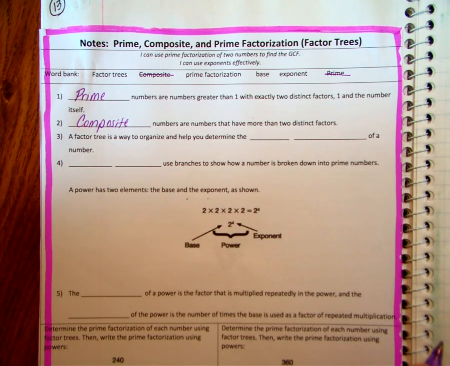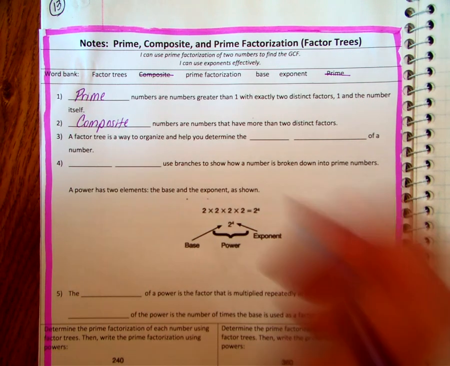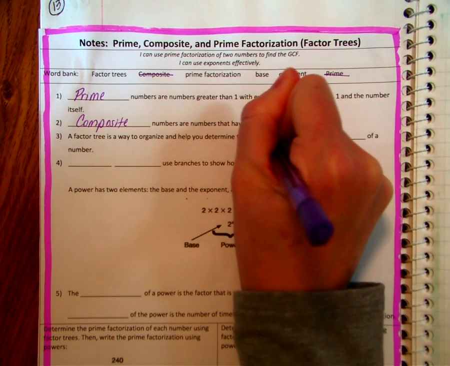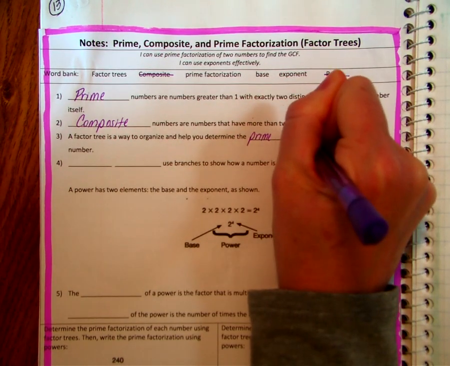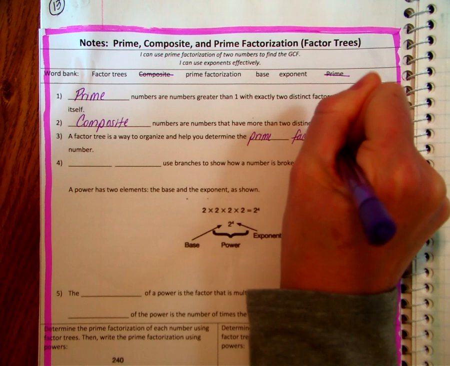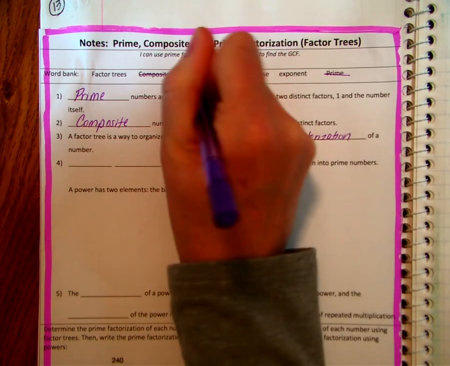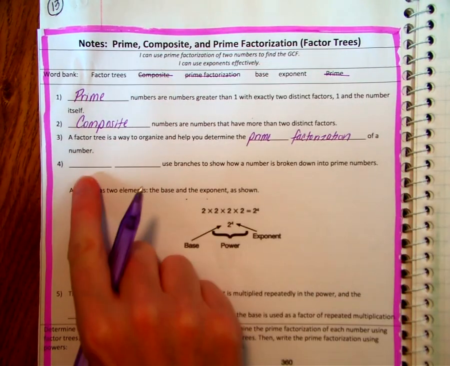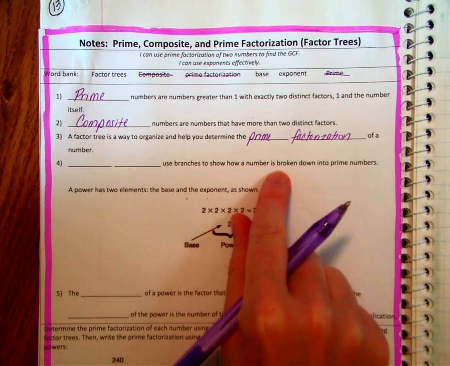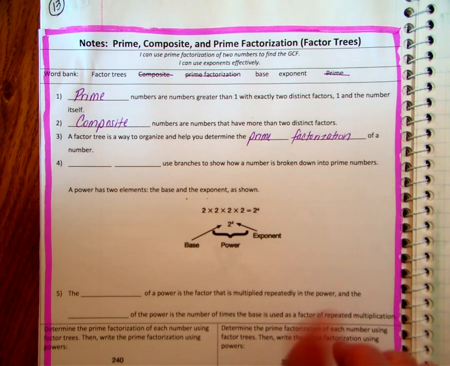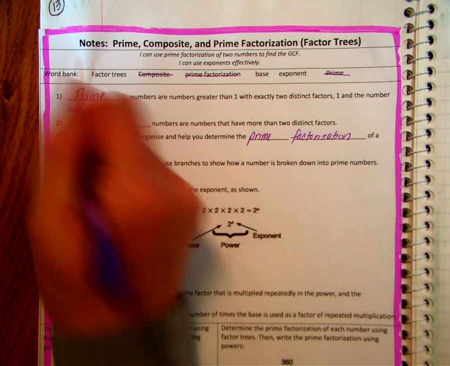A factor tree is a way to organize and help you determine the prime factorization of a number. Blank blank uses branches to show how a number is broken down into prime numbers. Factor trees.